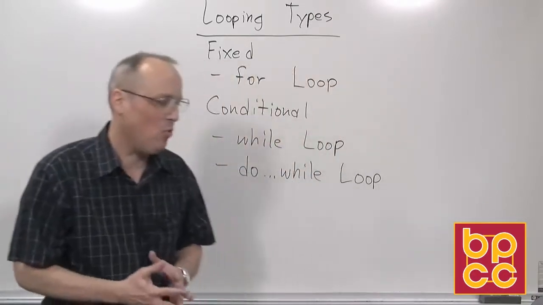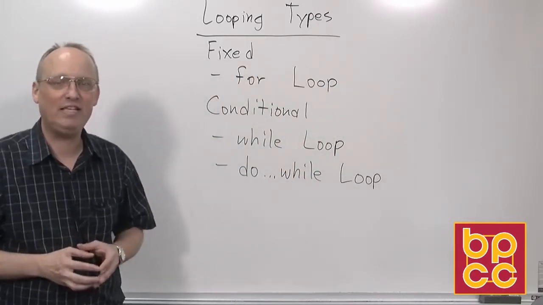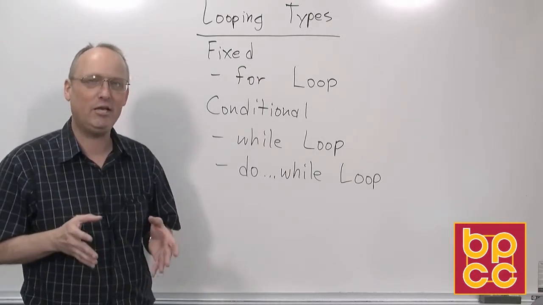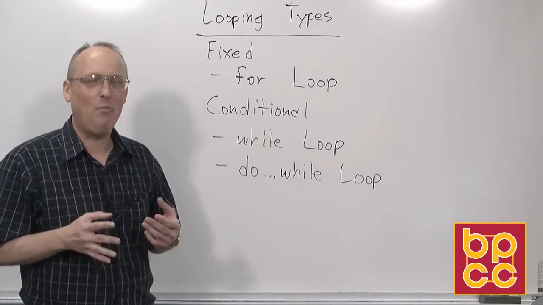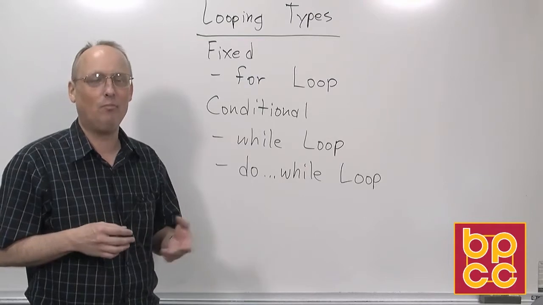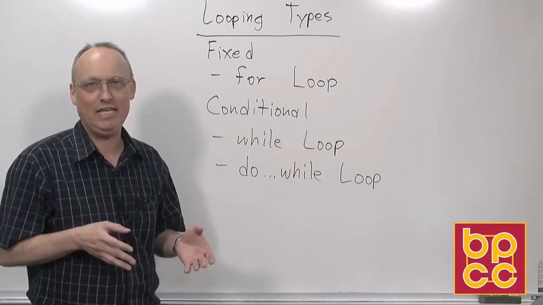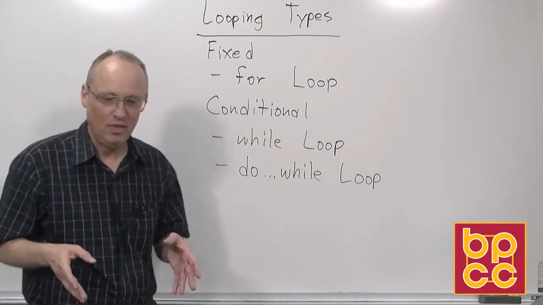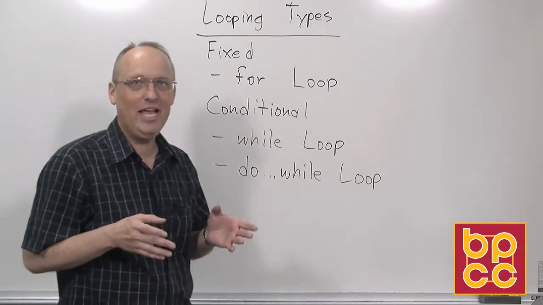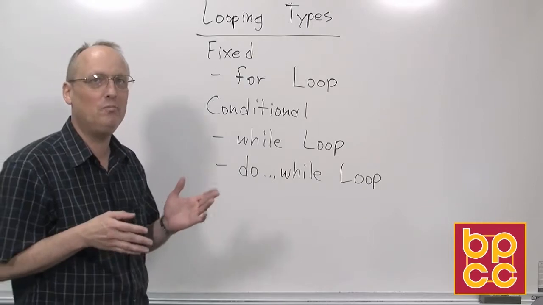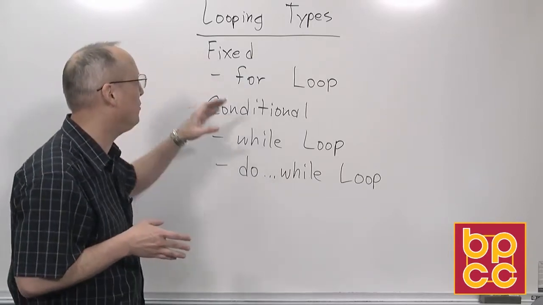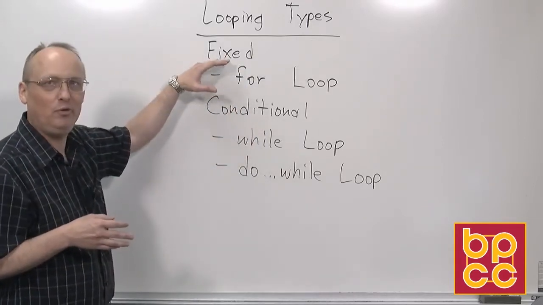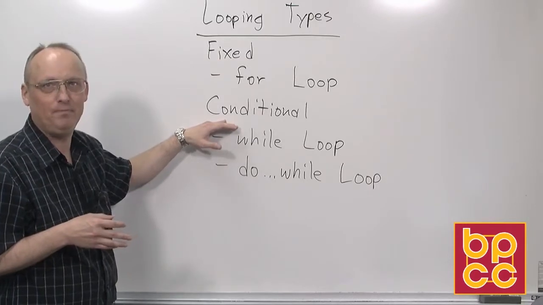Now, just to start out with, a loop itself is a segment of code in a computer program that will be executed 0 or more times consecutively based on the conditions given for the loop. The looping operations can be broken into two major types: either a fixed loop or a conditional loop.